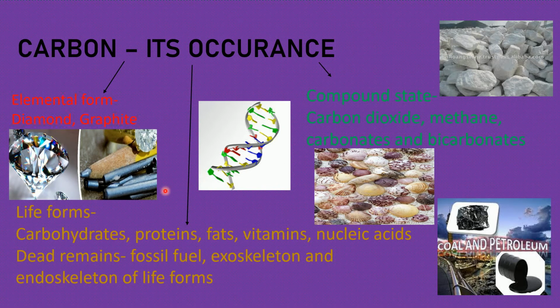Okay, then of course it is also a building element of the various life forms. So what are all those life forms? In what forms does it exist: carbohydrates, proteins, fats, vitamins, nucleic acids. What are nucleic acids? Nothing but DNA and RNA.